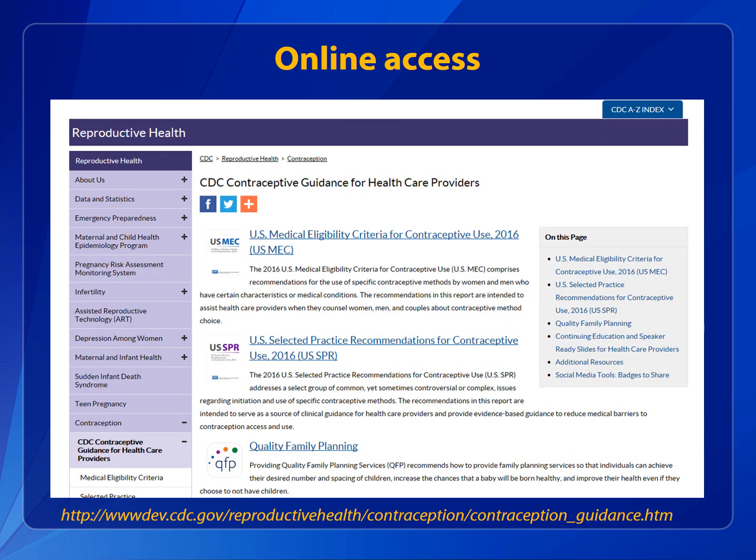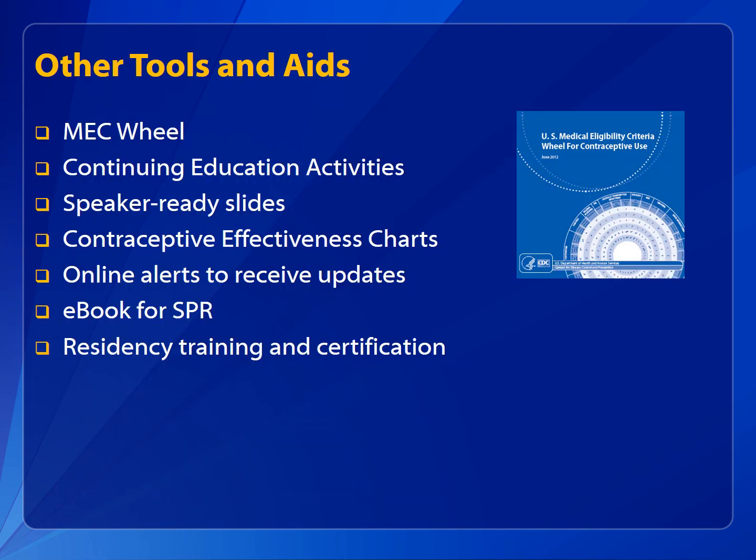The CDC Contraception webpage for healthcare providers includes an easy click-through version of the medical eligibility criteria and selected practice recommendations for providers who prefer to access these resources online. Finally, we updated several additional provider tools. Many providers find the medical eligibility criteria for contraceptive use pocket wheel pictured here to be useful.